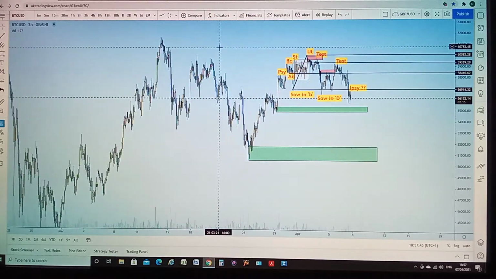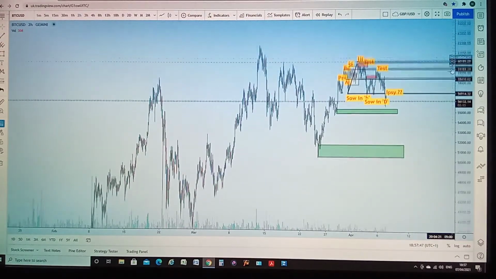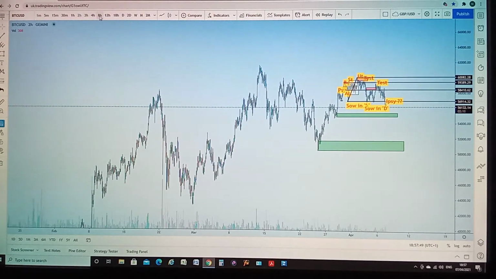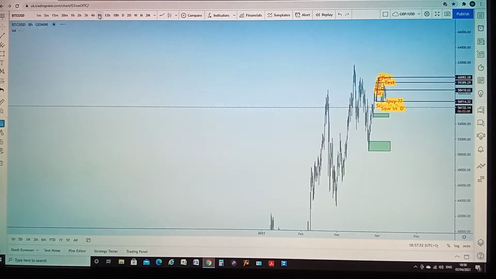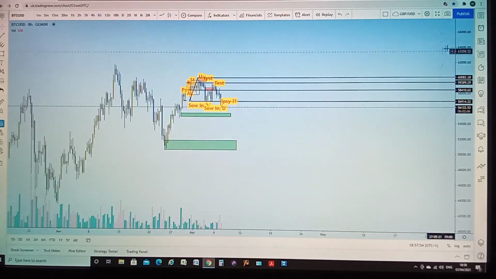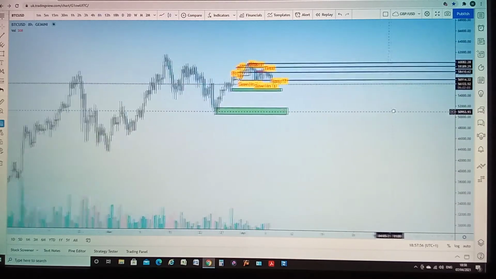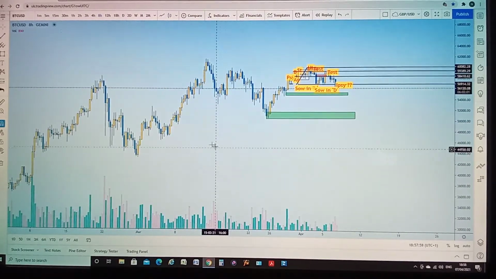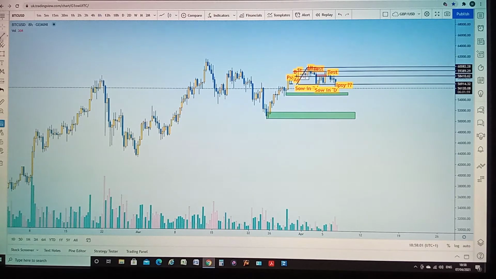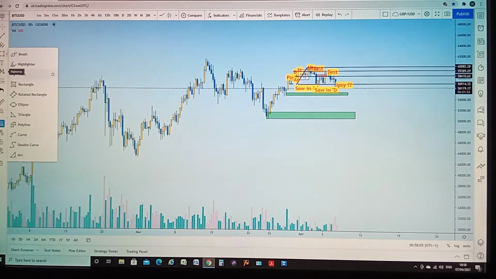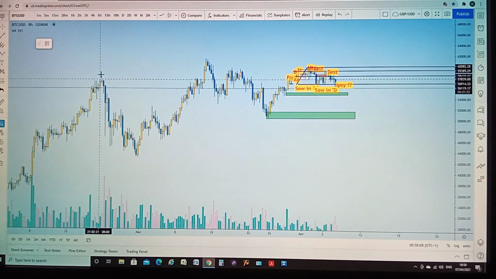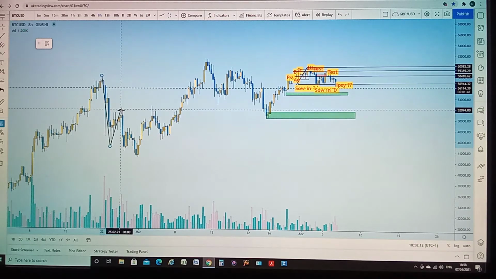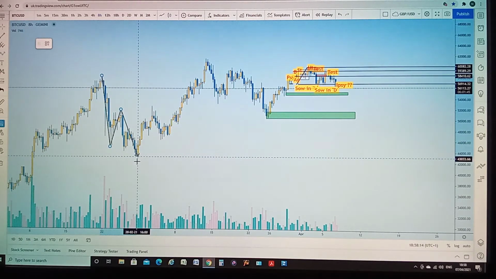Now, moving to a bigger time frame, I'm just going to come up to an 8 hour. If you recall, or if you go back and watch my previous videos, let's see if we can mark this up. We have 1, 2, 3 waves to the downside.